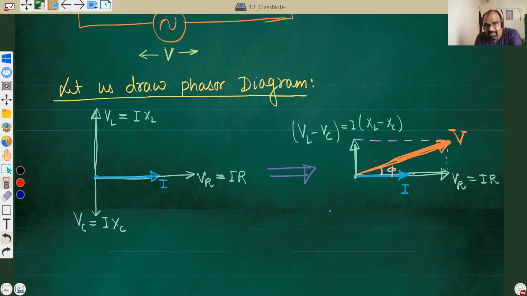In my diagram, you can clearly see that voltage is leading the current, or you can also say that current is lagging behind the voltage. Can you see that?